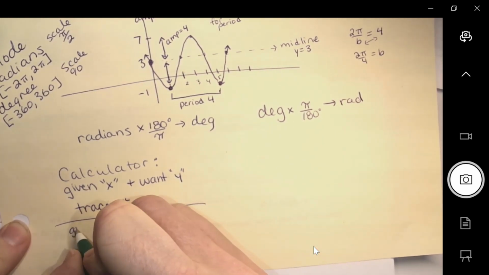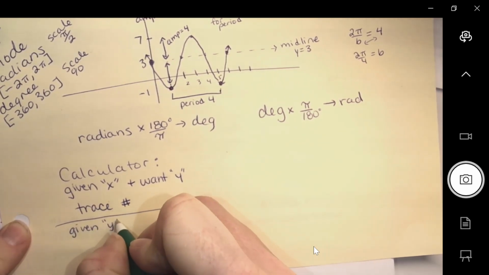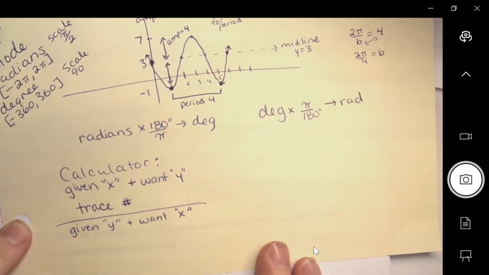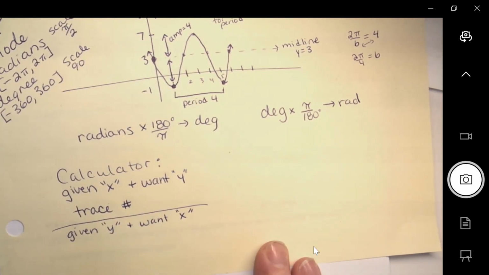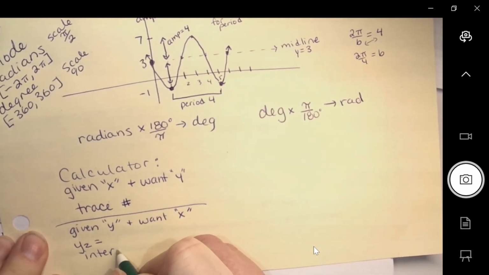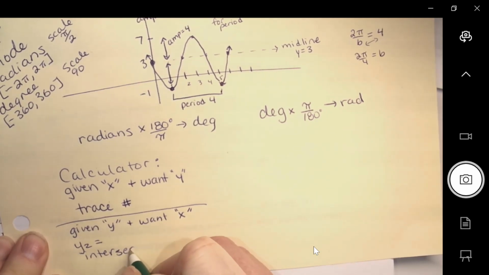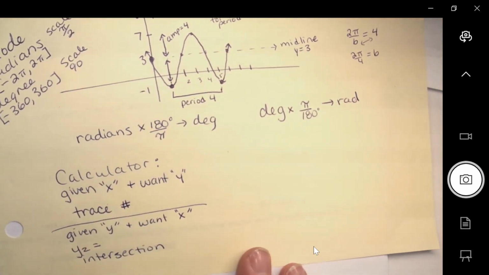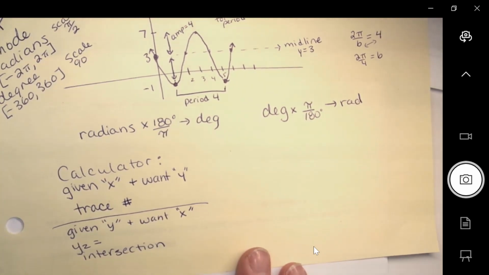If I was given a Y and I want the X, what do we do? What's the other situation? Sometimes I give you the Y that I want. Then I do a Y2 equals, and then I do an intersection. I'd probably put that on my cheat sheet if I needed my strategies for the calculator stuff.